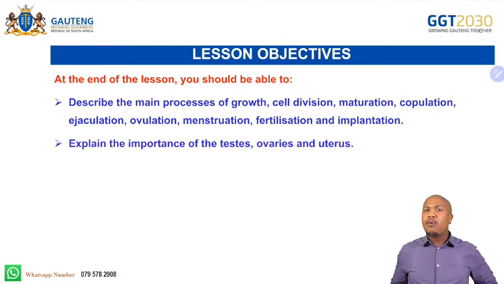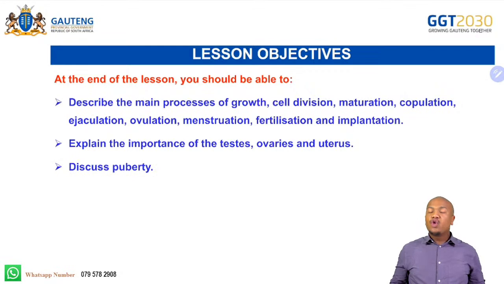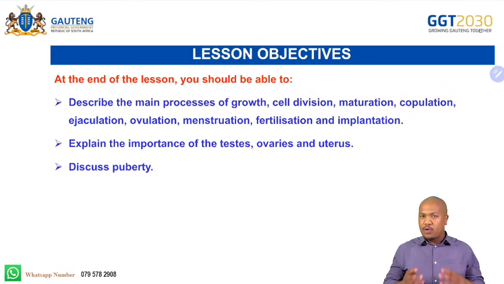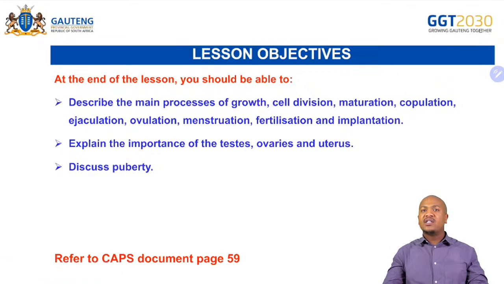You should also be able to explain the importance of the testes, ovaries, and the uterus. And lastly, you need to be able to discuss puberty. All this information is found under the CAPS document on page 59.